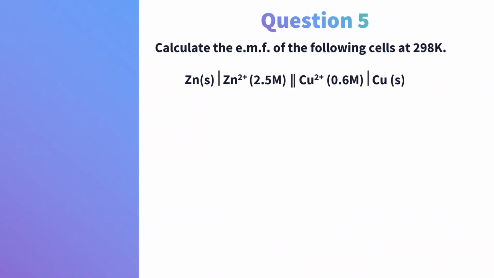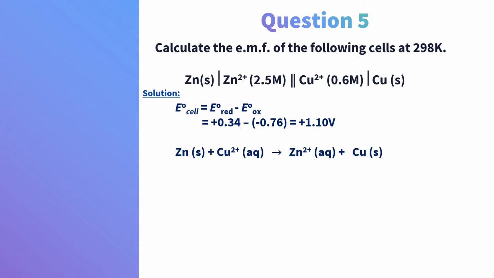So for example, in these equations, we have a zinc half cell and a copper half cell. First you calculate the standard cell potential, the reduction electrode minus the oxidation potential, and you will get positive 1.10 volt. Then you have to write the balanced equation for the reaction quotient.